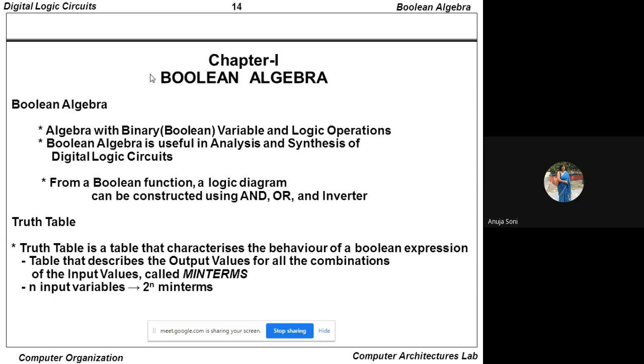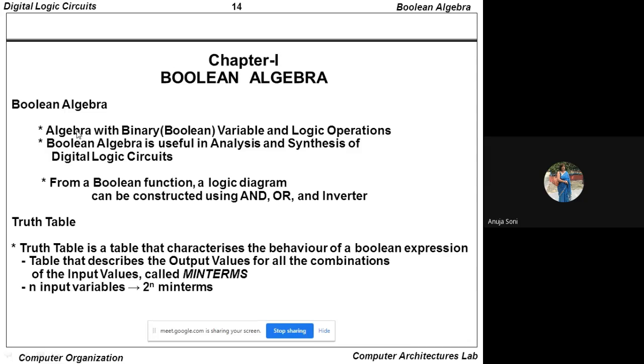All the mathematical expressions will deal with Boolean values. All the inputs will be 0 and 1, and all the outputs produced will be in terms of zeros and ones.